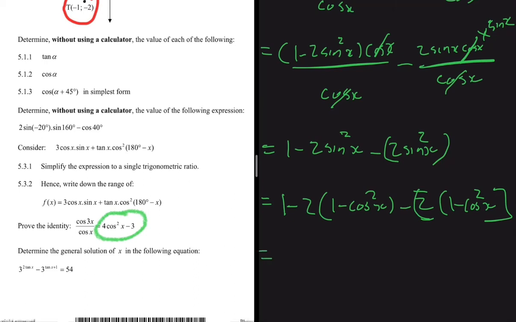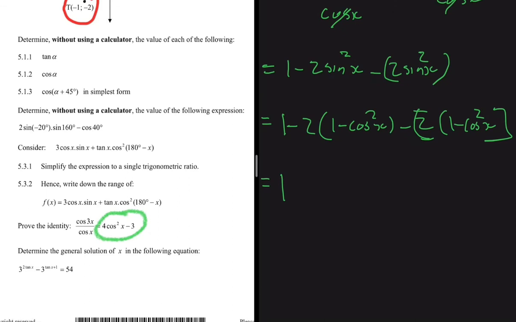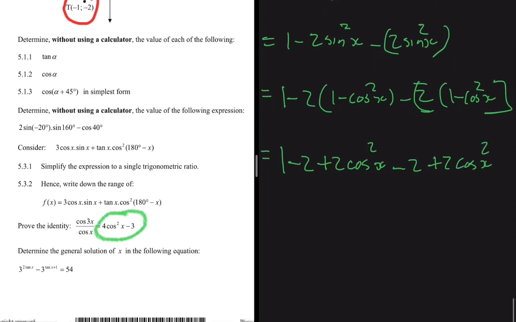So we're going to have 1, and then minus 2 multiplied by 1, which is minus 2. Then minus 2 multiplied by cos squared x, that will be plus 2 cos squared x. In the other bracket, minus 2 multiplied by 1 is minus 2, and minus 2 multiplied by cos squared x is plus 2 cos squared x.